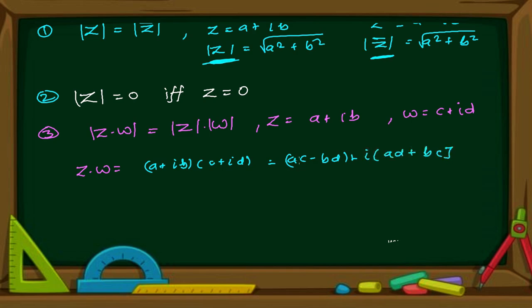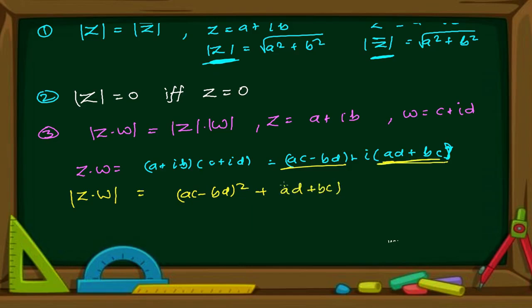So this is the multiplication of the two complex numbers. And now I'm going to find the absolute value of this, the absolute value of zw. It's just the square root of the square of the real part, that is ac minus bd whole squared, and the square of the imaginary part, that is ad plus bc whole squared, okay?